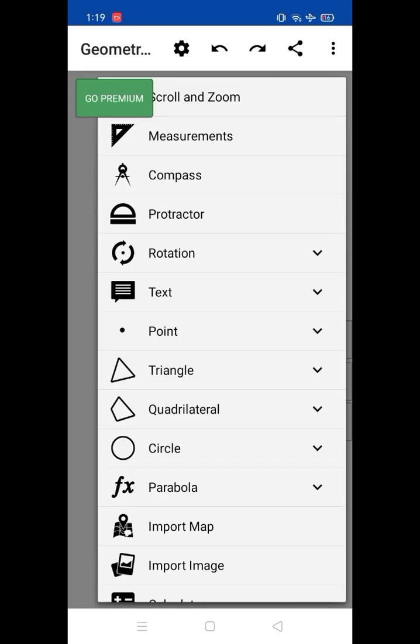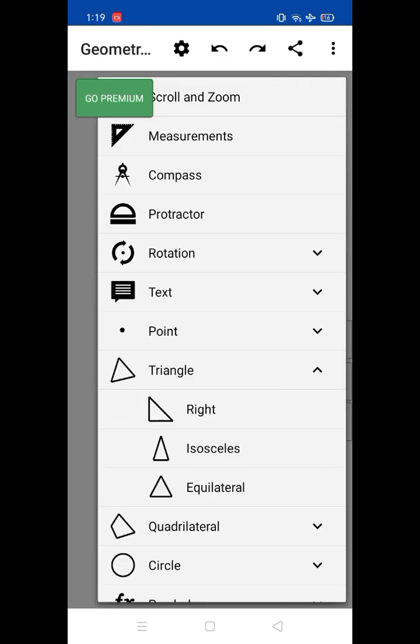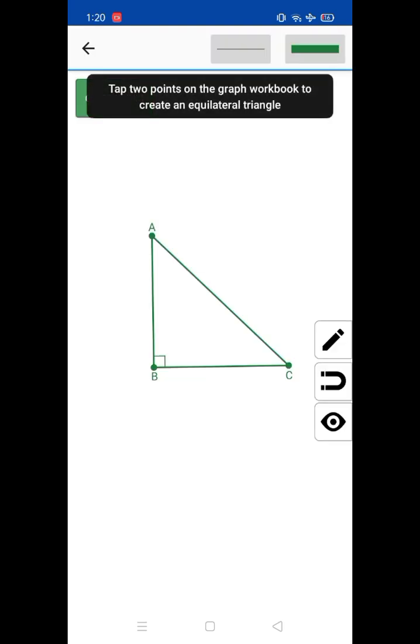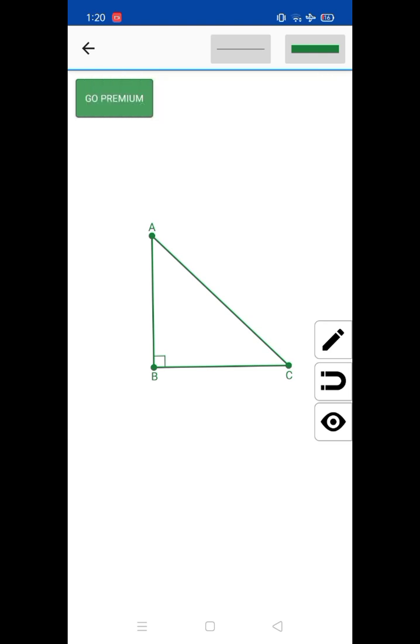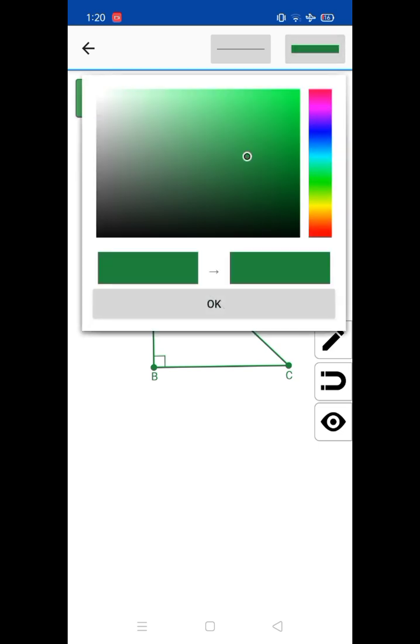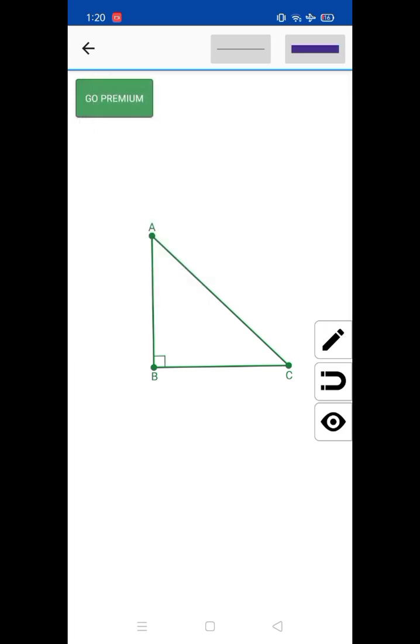And for that, we can choose first the equilateral triangle. Equilateral means all sides and all angles are equal. So let's change the color first to violet. And let's draw the equilateral triangle at the upper part.